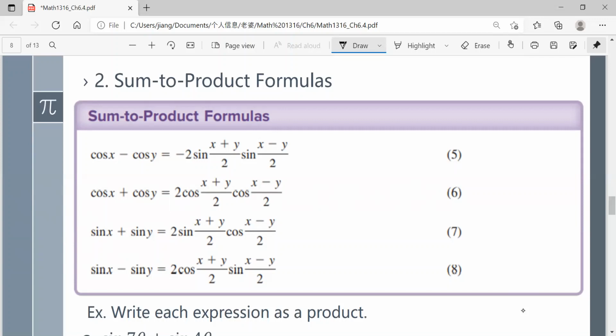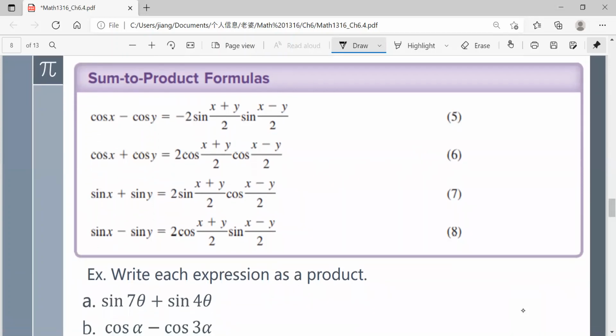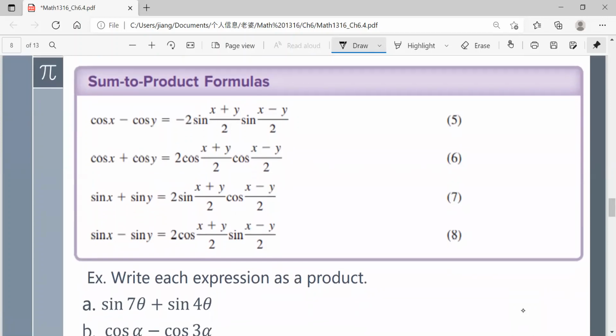So pause the video and memorize these four formulas. Okay, it's time consuming because you need to spend a lot of time on these, but there's no way. You must memorize them and use these formulas to solve the questions.